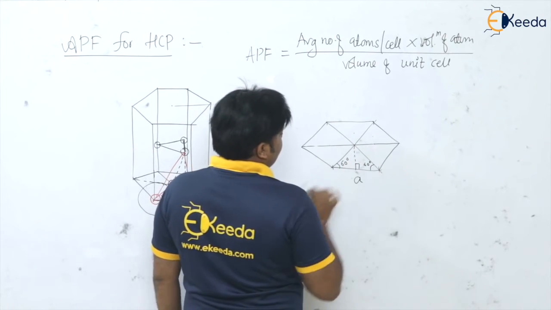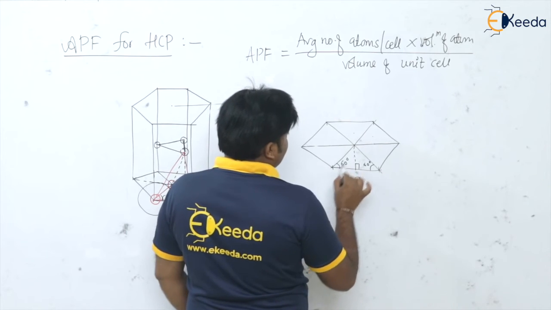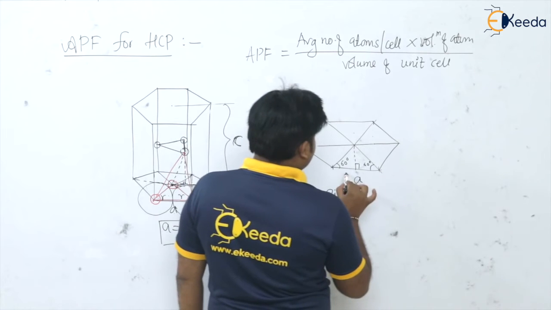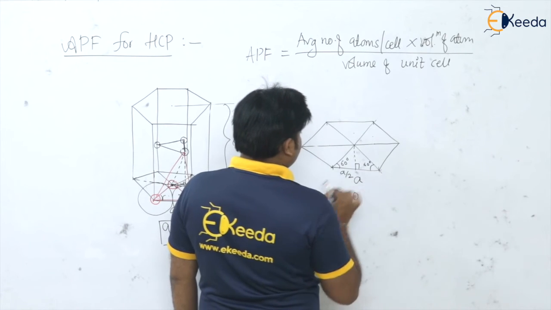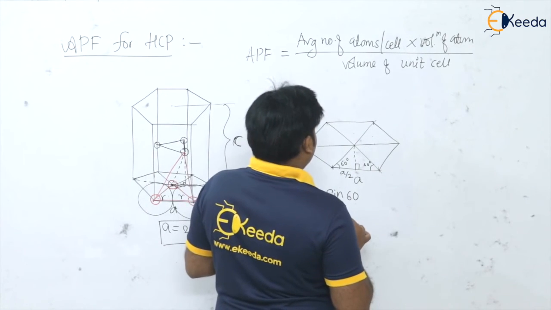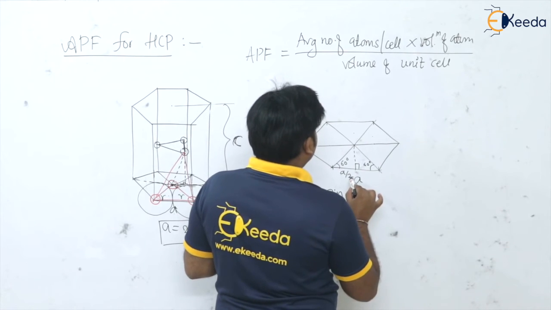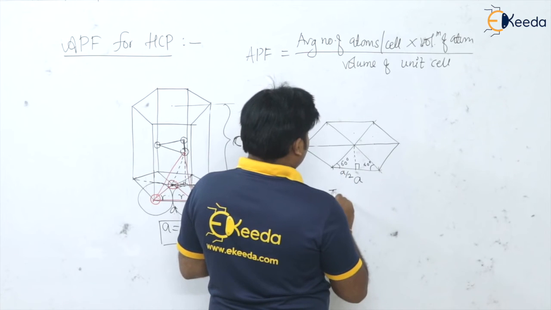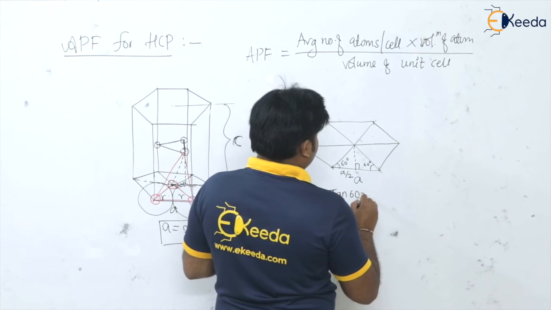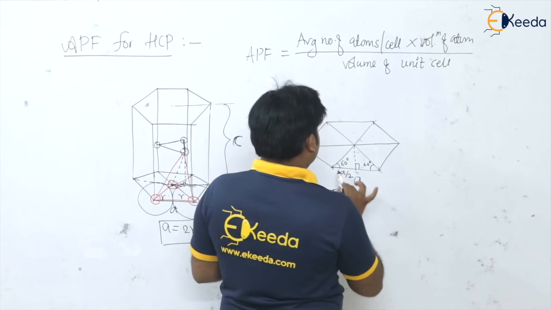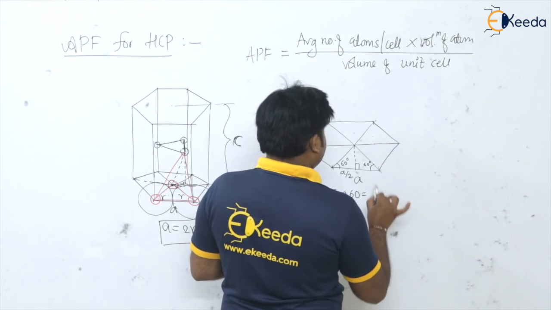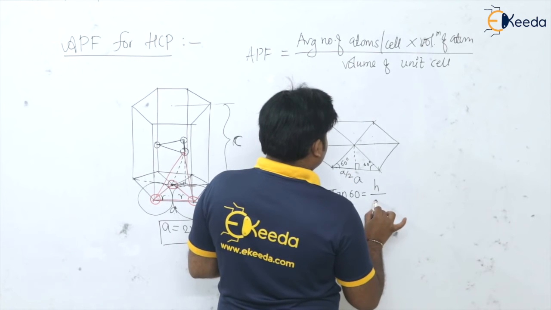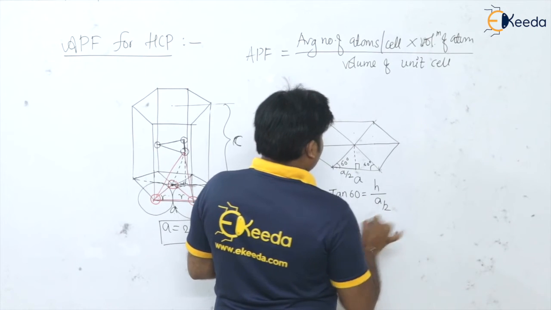So this is the right angle triangle. So we can calculate sine 60, what is it? Sine 60. This distance is a by 2, isn't it? Or we can directly calculate this: tan of 60 is equal to how much? This height h divided by the adjacent side, which is a by 2.